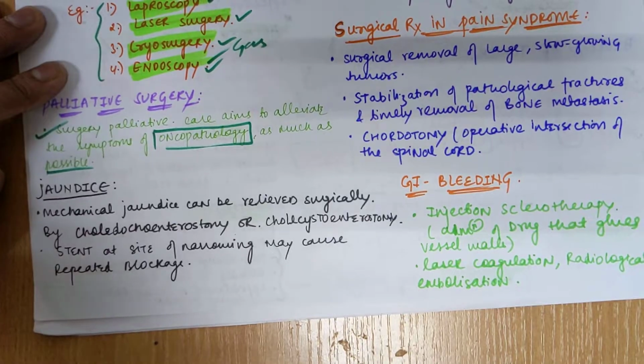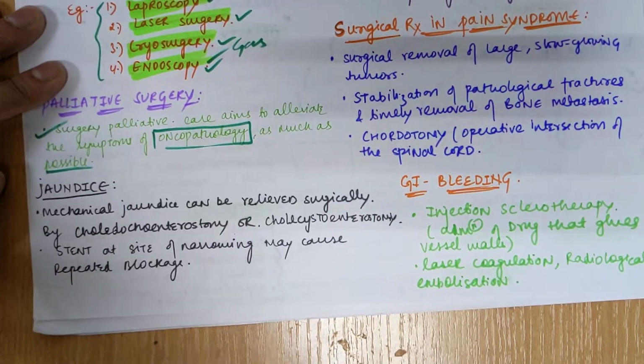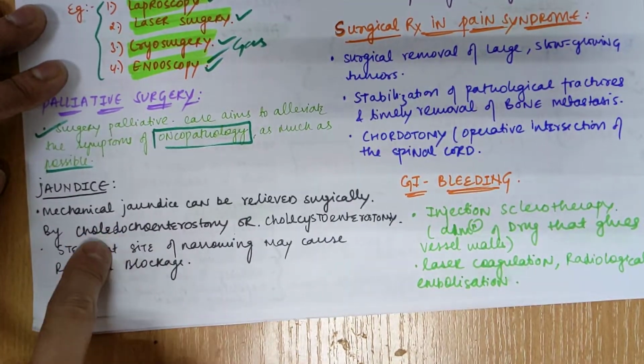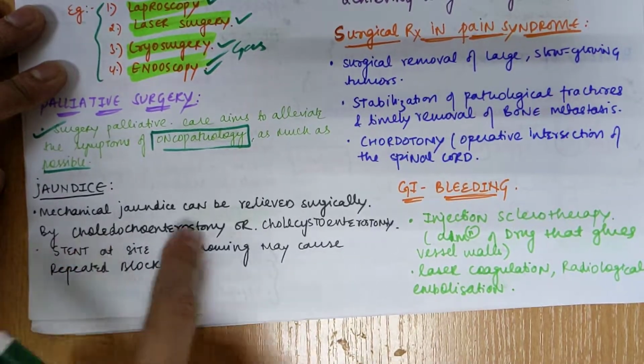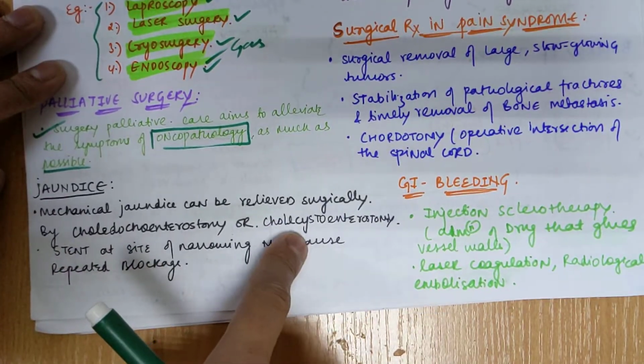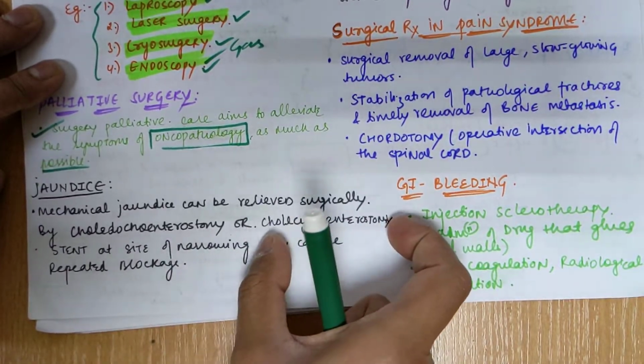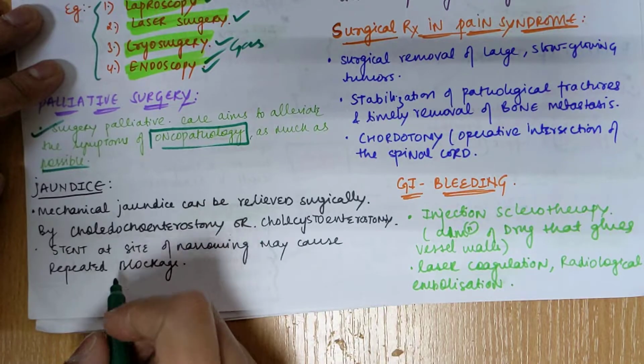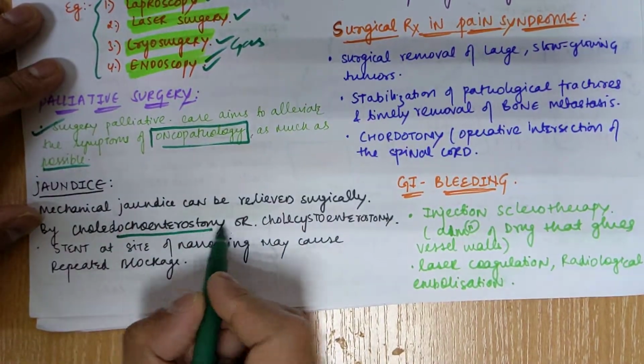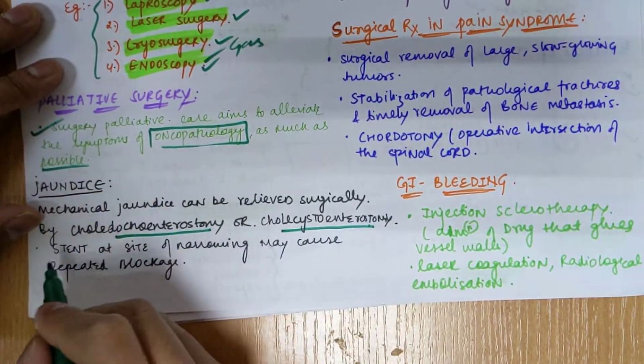So these are the two types of procedures, connecting the biliary duct and the intestine, the gall duct and your intestine, enterostomy. These are the surgical treatments for mechanical jaundice.